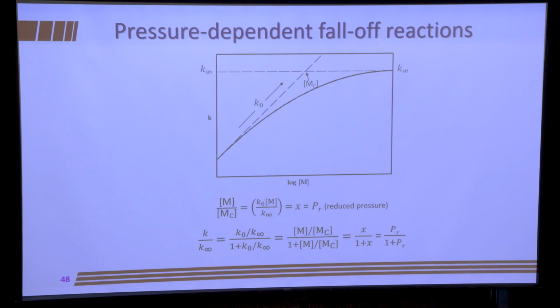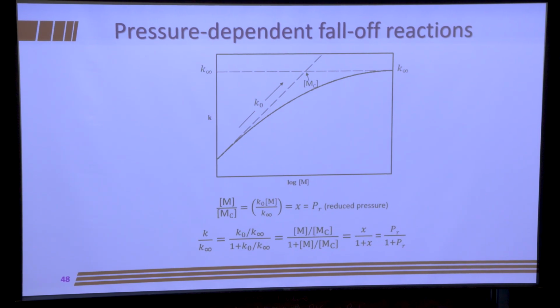So M over Mc is actually equal to x, and that's called the reduced pressure. Okay, it's just that relationship between whatever concentration of M you have and the critical concentration of M, that's called the reduced pressure. Okay, so we have the rate constant then all over the high pressure limit rate constant.